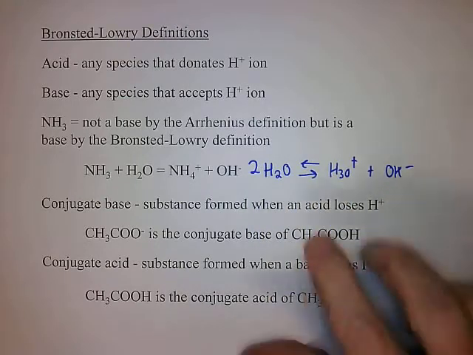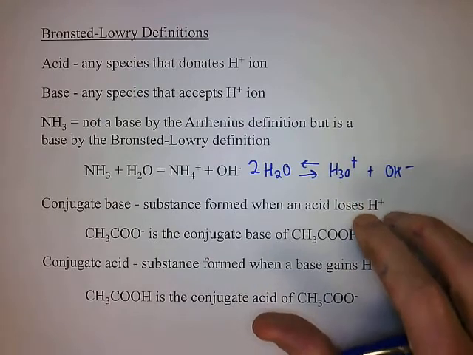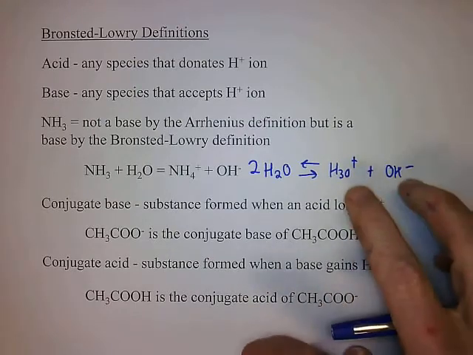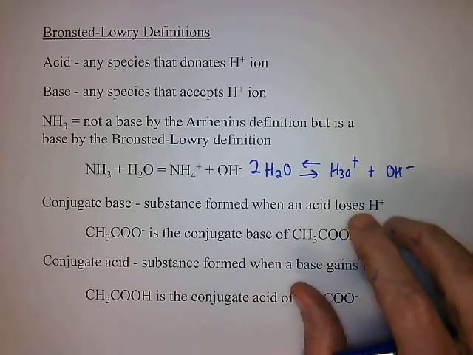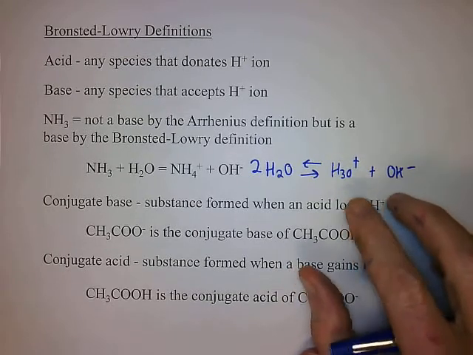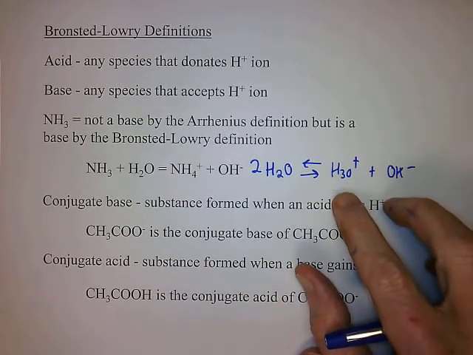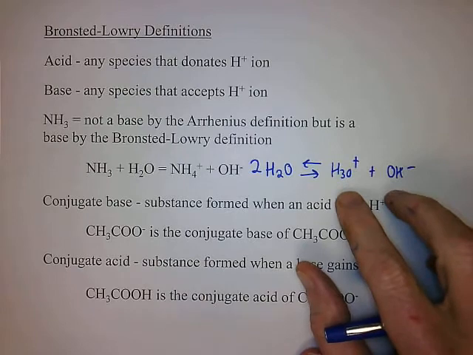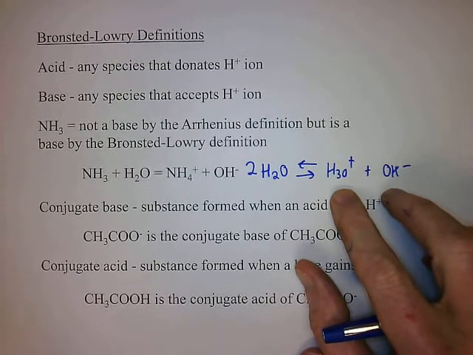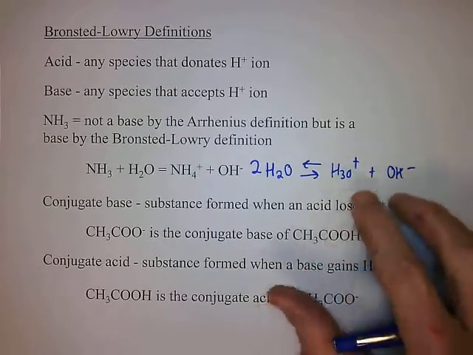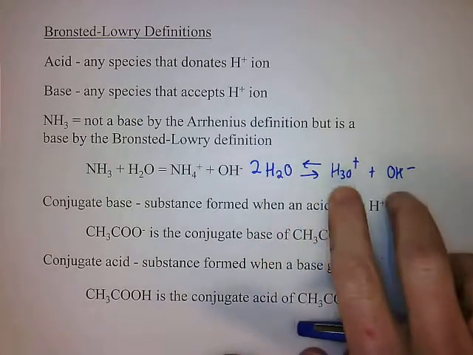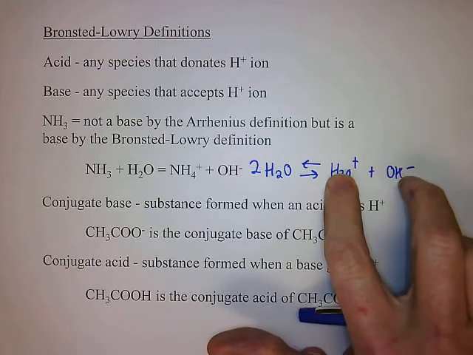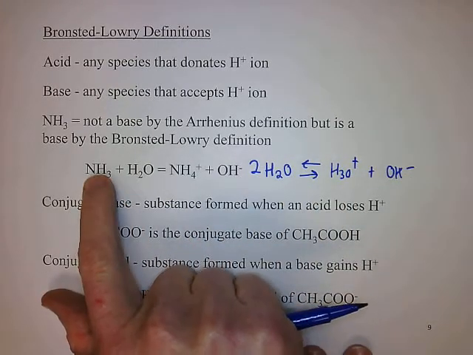And we already talked about in the previous video how in a neutral solution these two are equal to each other, being 1 times 10 to the minus 7th. Now, if you remember Le Chatelier's principle, when you upset a system at equilibrium, it seeks to readjust or reform the equilibrium. So if we start out in neutral water, these two are equal to one another. Then we start adding ammonia.